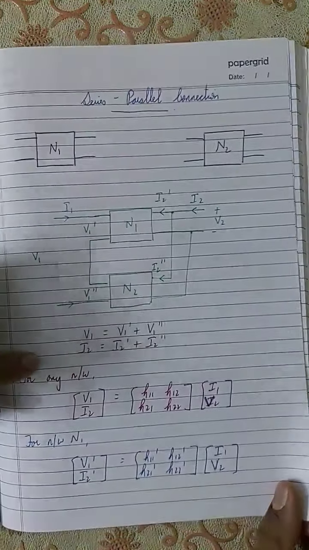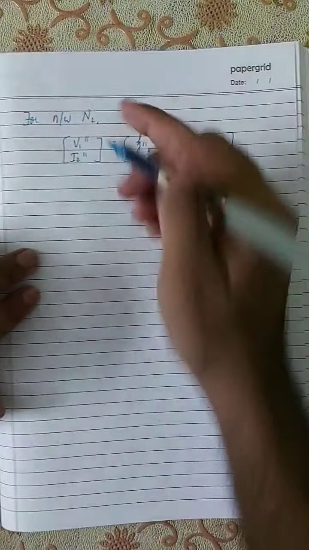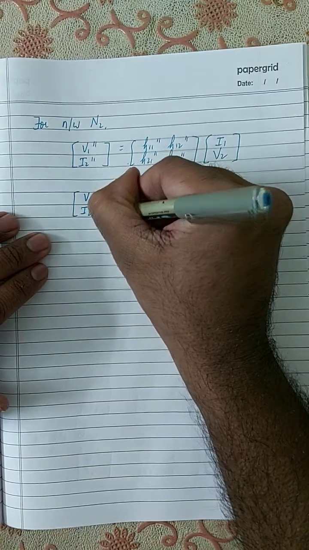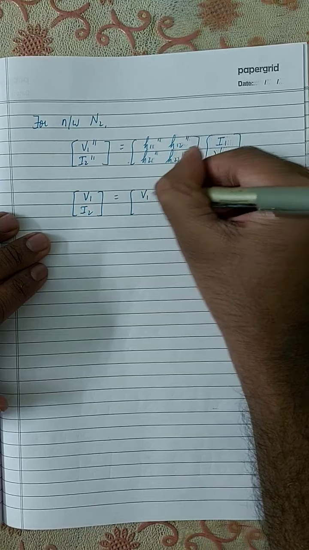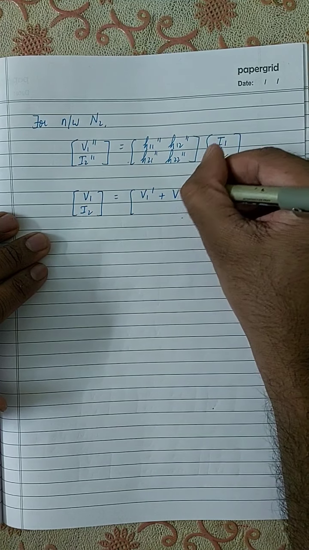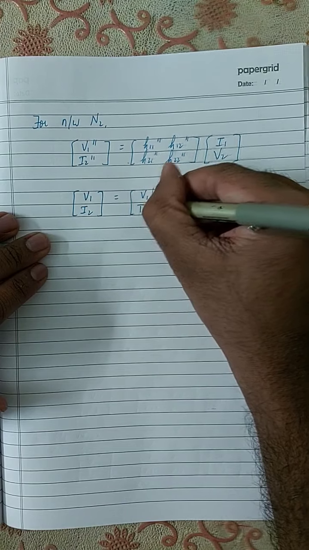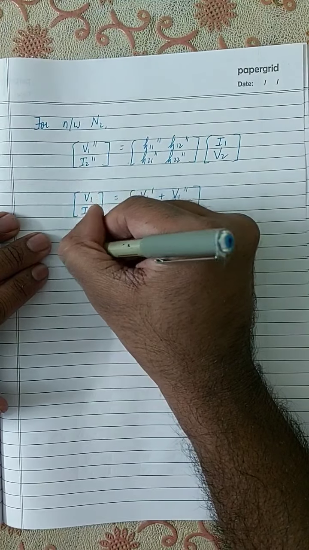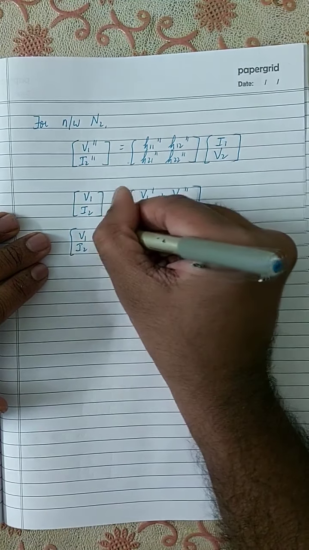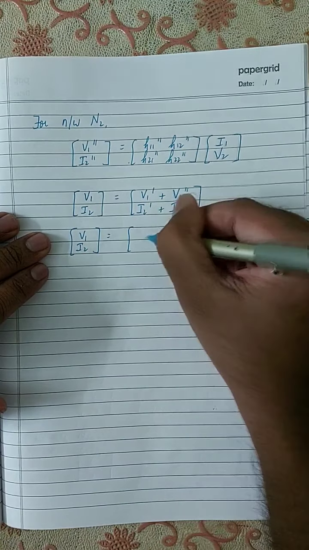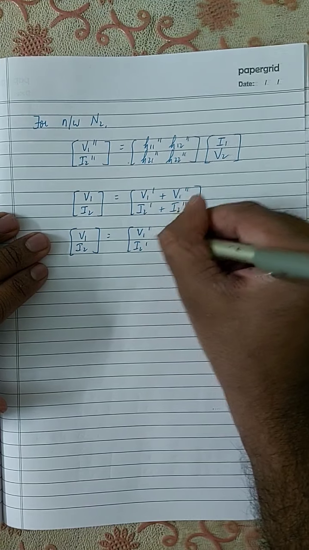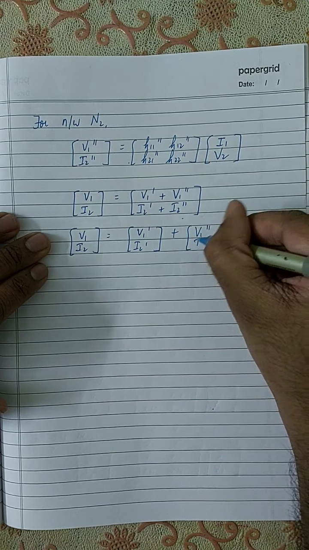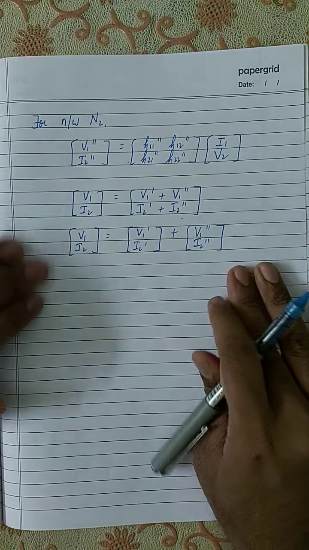Now if we write the matrix equation of this expression, we know that V1 is equal to V1 dash plus V1 double dash, and I2 is equal to I2 dash plus I2 double dash. Or we can say that [V1, I2] is equal to [V1 dash, I2 dash] plus [V1 double dash, I2 double dash].